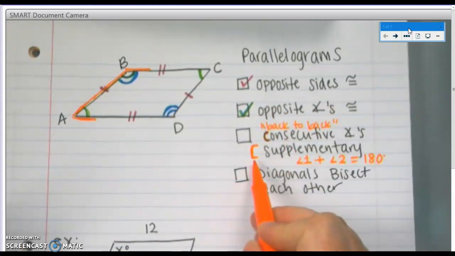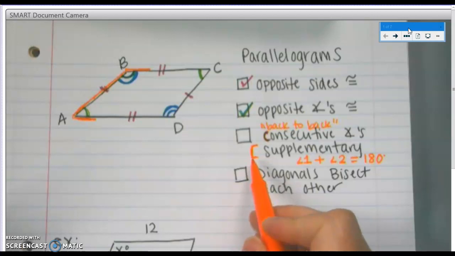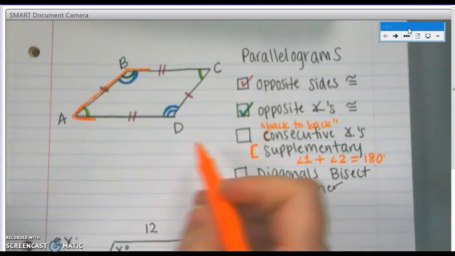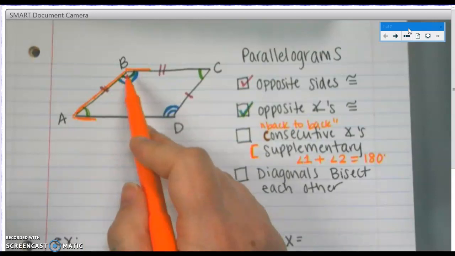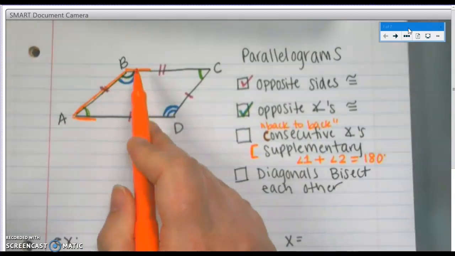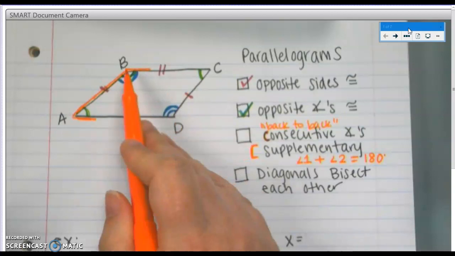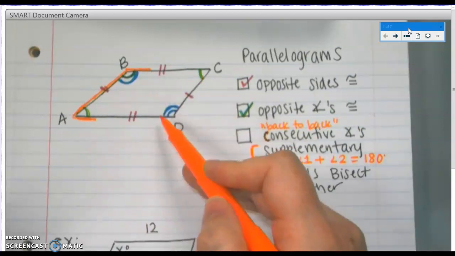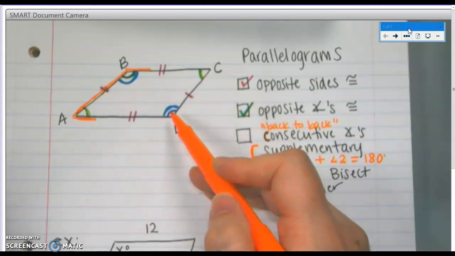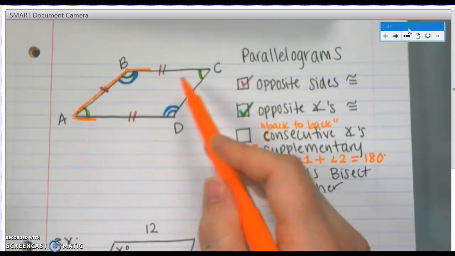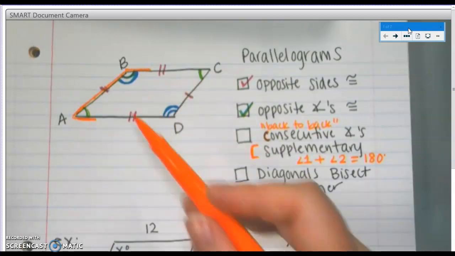That bracket kind of shape. So those have to add up to 180. In this example, A plus B has to add up to 180. B plus C has to add up to 180. C plus D has to add up to 180. But as soon as you find one of them, they're easy to find because the other side is the same.